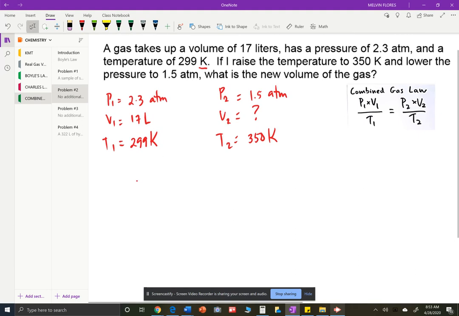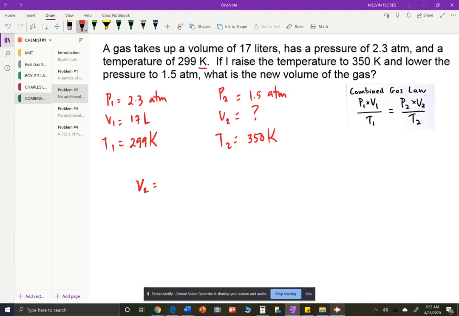If we're looking for the new volume, our formula will be P1 V1 times T2 divided by P2 times T1. So we can plug in the given.